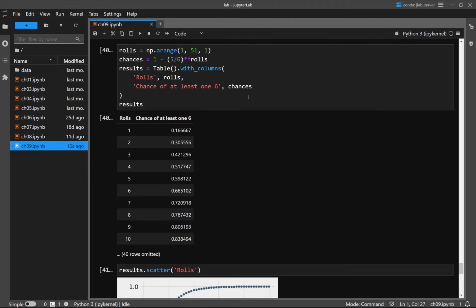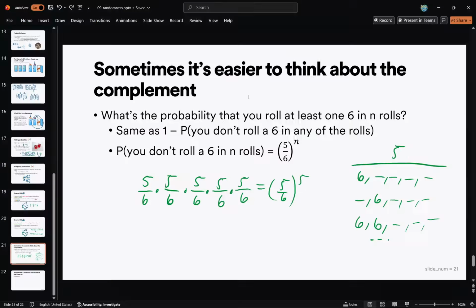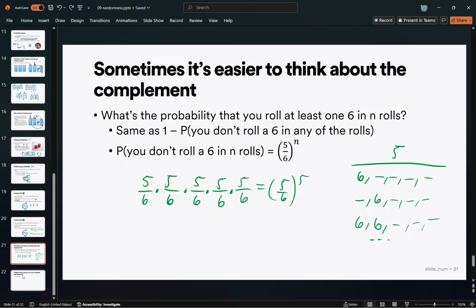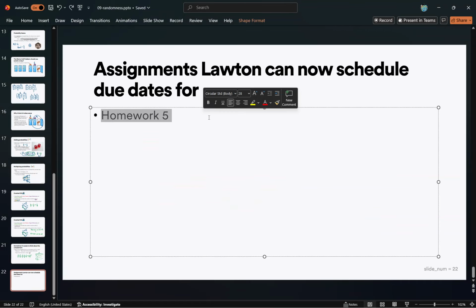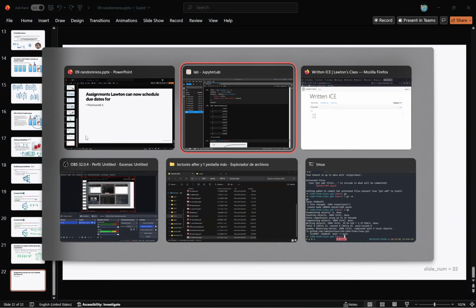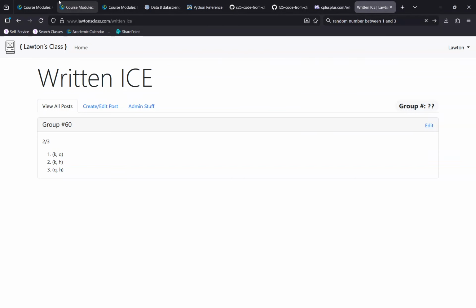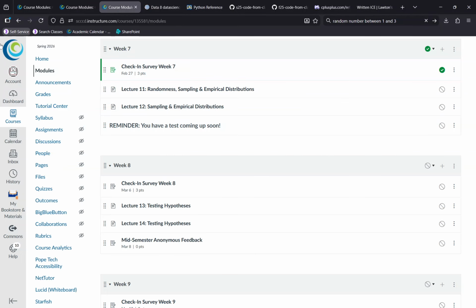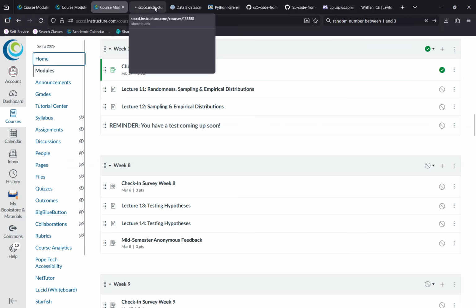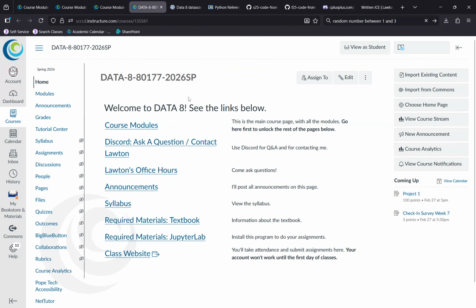So that's randomness. And that has brought us to the end of these slides, which is exciting. The assignment that depends on this section was homework 5. So we might as well go figure out the due date for that. And I want to just give us a little sneak peek of the next slides too, because we got just a few minutes. We'll do that very quickly. But let's see what we got coming up.